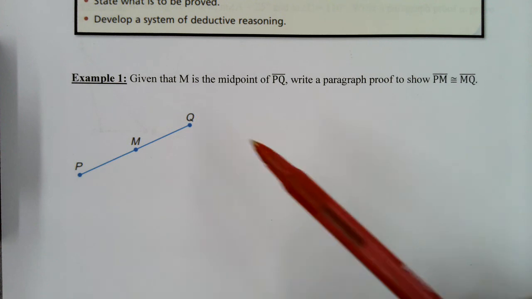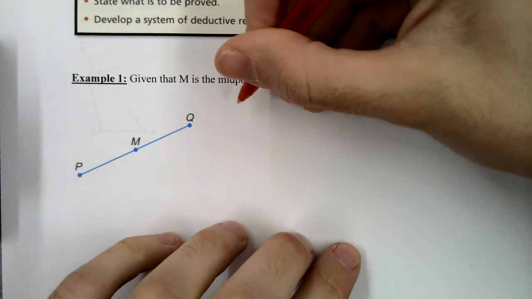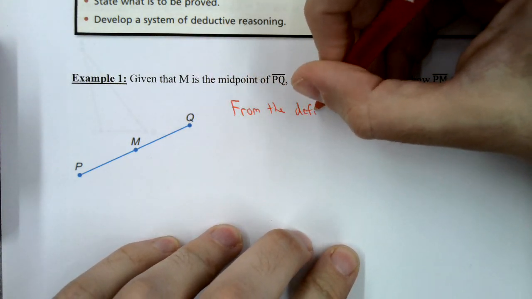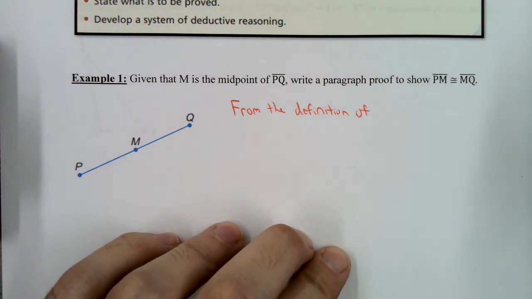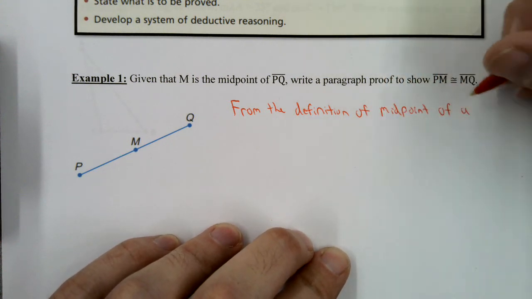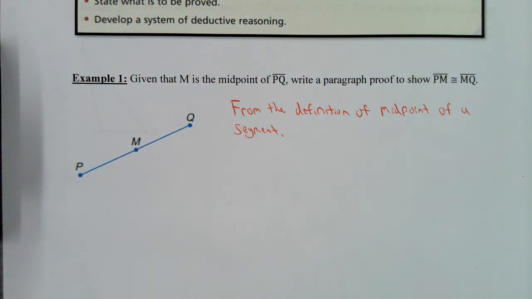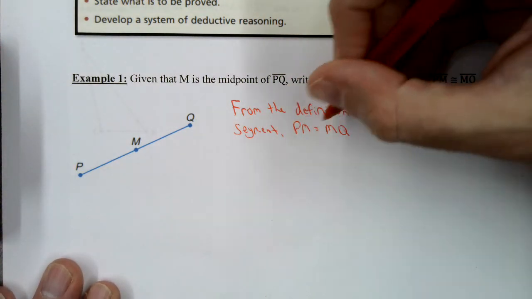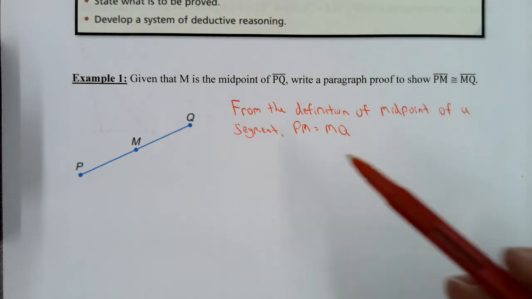So we know M is the midpoint of PQ. So I'm going to say, from the definition of midpoint of a segment, you can say that PM equals MQ. Then I want to prove the midpoint theorem. I don't just want to stop by saying that. I want to prove that. So I'm trying to prove it using other information.